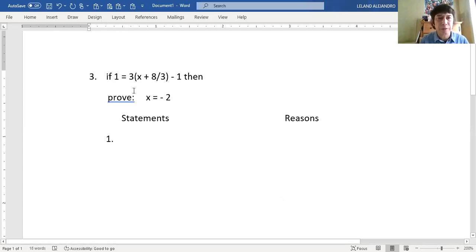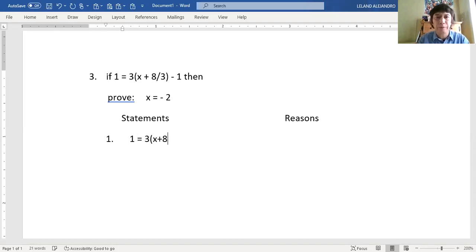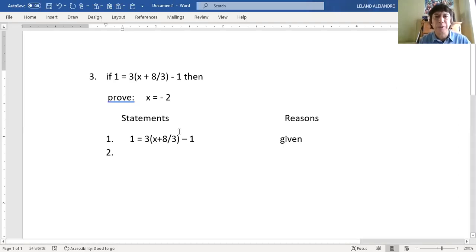For the first statement, we will just have to write our given hypothesis. So this is 1 is equal to 3 times the quantity x plus 8 over 3 minus 1. That's the given. So our reason will just be given data. All right. Now, what we can do here is to eliminate this number 1 here by way of addition.